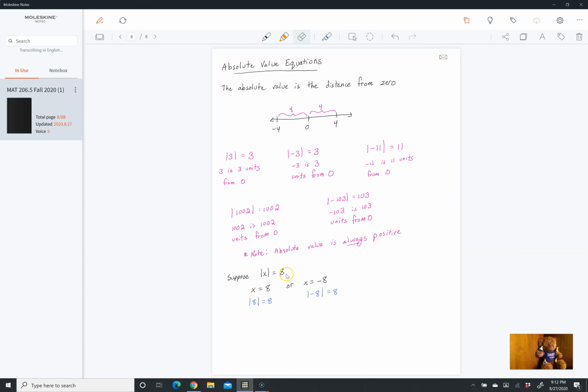Absolute value of x is 4. If that were true, then x could either be 4, that's 4 units from 0, or it could be negative 4, because negative 4 is also 4 units from 0. So this is saying x is 8 units from 0.